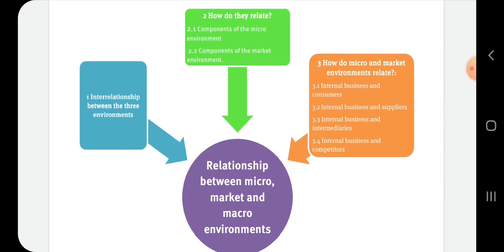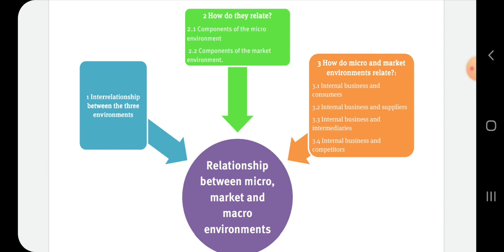It is very, very important, right? So we're going to look at how they relate. You look at the components of micro environment, the components of market environment, and how micro and market environment relate. You look at internal business and consumers, internal business and suppliers, internal business and intermediaries, internal business and competitors.